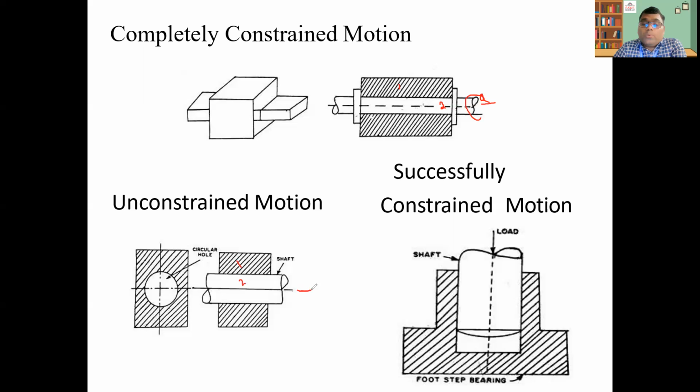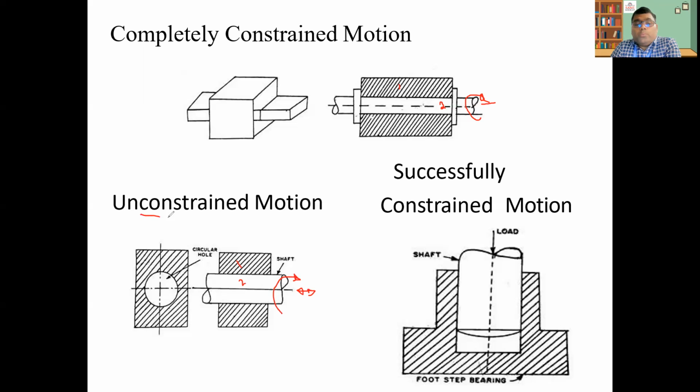If we apply the load in the axial direction, either push or pull, then translation is possible. If you apply a torque or twist here, it can rotate about the axis.